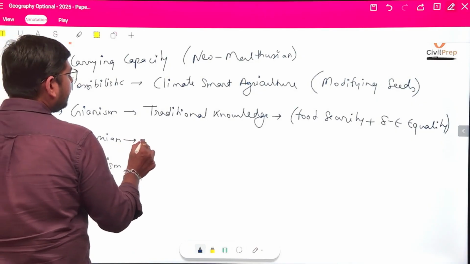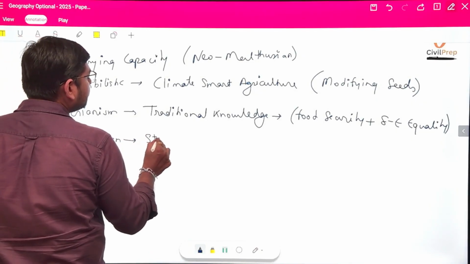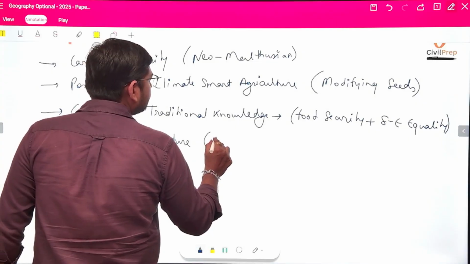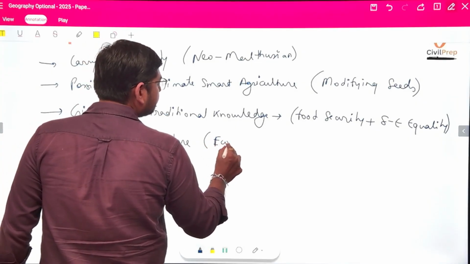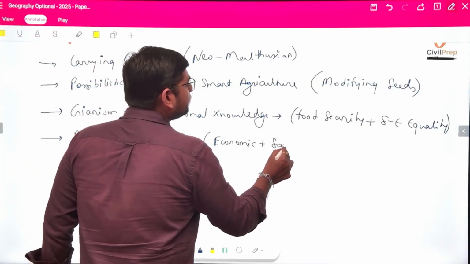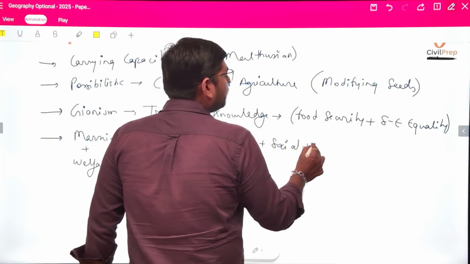Under the Marxian, we need to look at the structures which are economic, social, political.